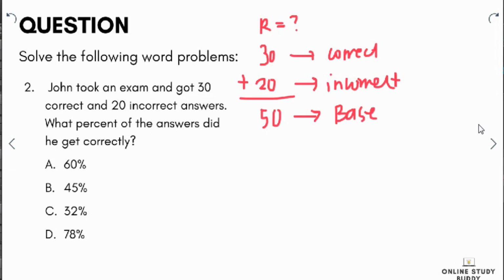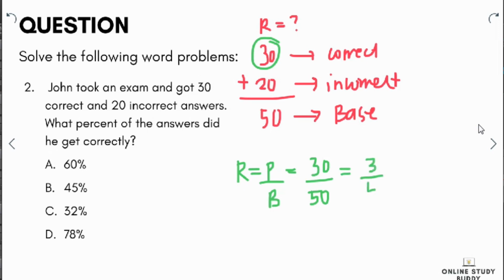So, to be able to find the rate, we will divide the percentage divided by the base. So, ang percentage na gagamitin natin is yung percentage of correct answers. So, we have 30 divided by 50. We can simplify this to 3/5.